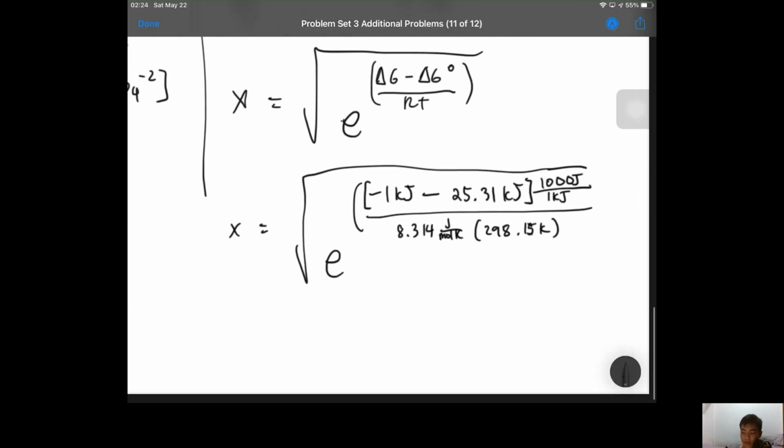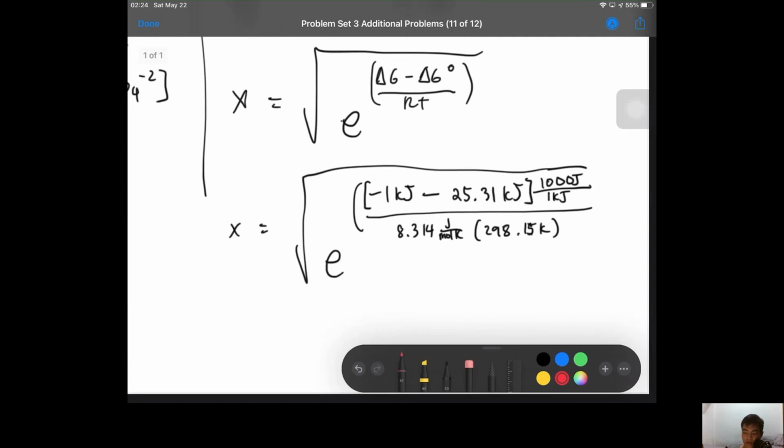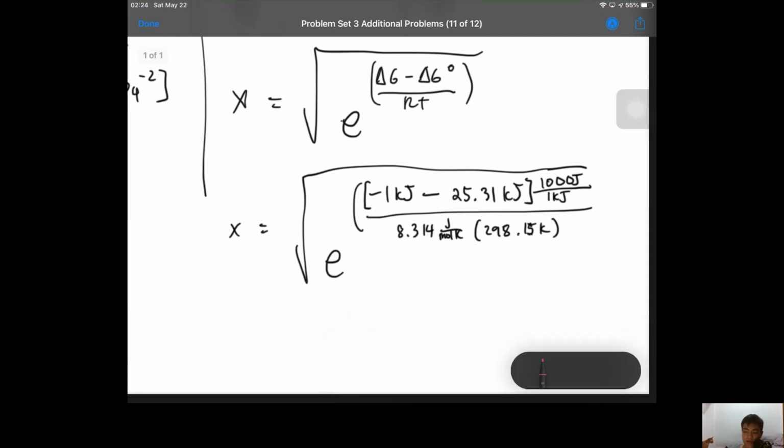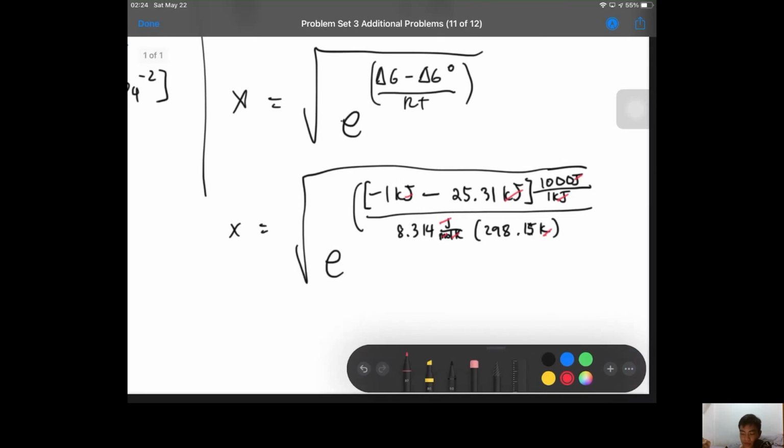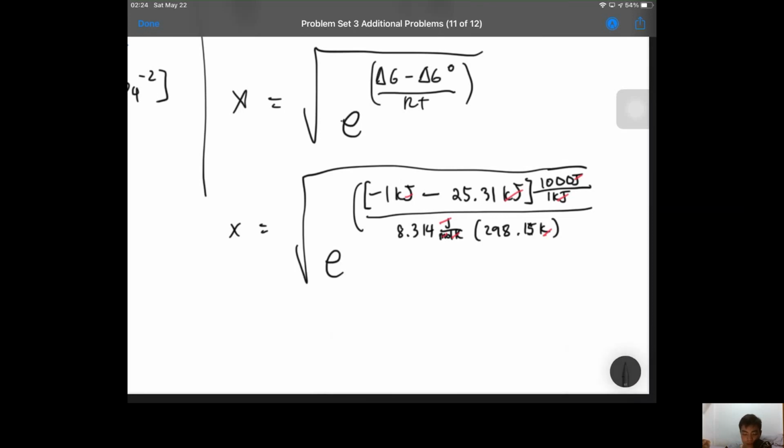Okay. So with the units now cancelling, yung mole as is na natin siya kinakancel. Kilojoules, magka-cancel, yung joule, yung Kelvin, yung mole as is na cancel na lang yan. So with those values in mind, we can now solve for x. So you just get the square root of the exponential of negative 1 minus 25.31 times 1,000 over 8.314.